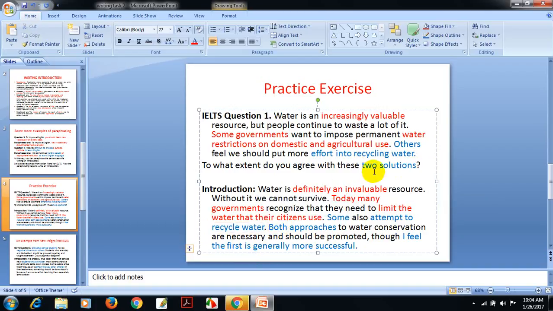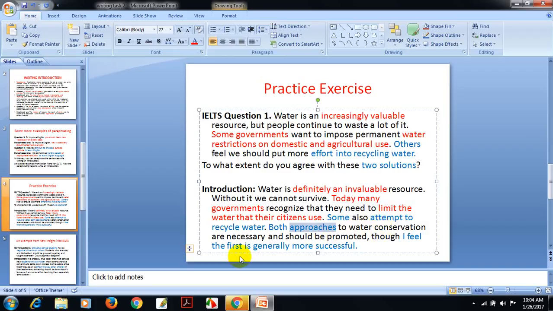Two solutions. If you write two solutions, what happens? In question also there is two solutions and you also wrote two solutions. That means a kind of copy. That's why instead of two, both and solutions, approaches, methods, ways, techniques, you can change.